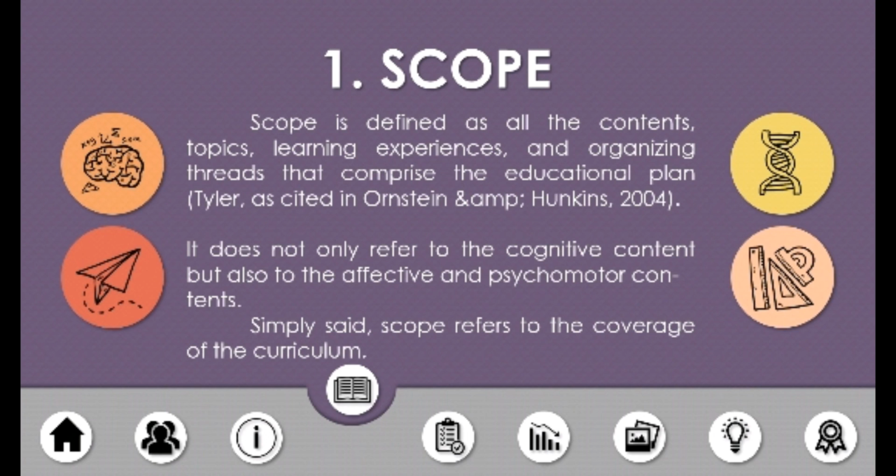According to Tyler, scope is defined as all the contents, topics, learning experiences, and organizing threads that comprise the educational plan. It does not only refer to the cognitive content, it doesn't only cover the subjects to be tackled, but it also covers the affective and psychomotor contents.